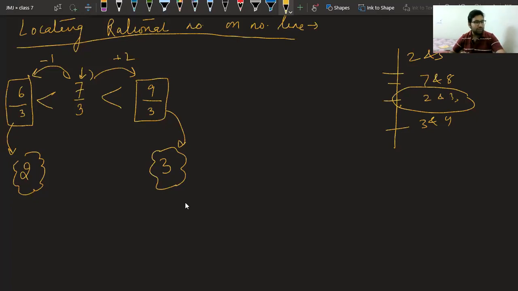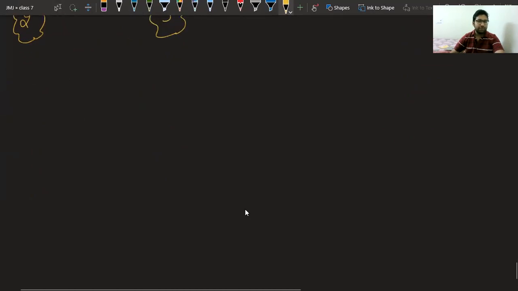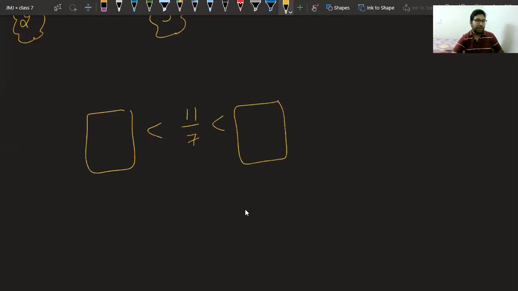Similarly, I am giving you one more example so that it is clear to you. Please tell me between which two integers this fraction lies, and use the same concept that I gave you. It's very easy.